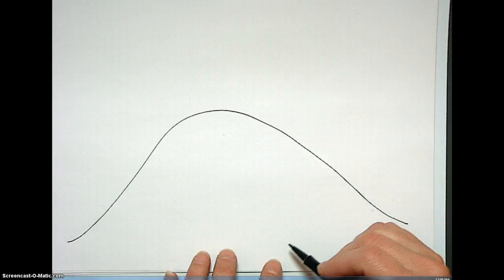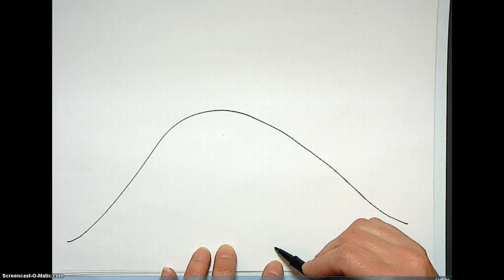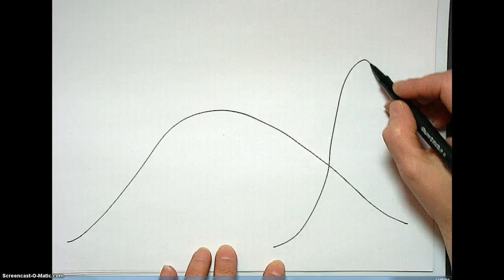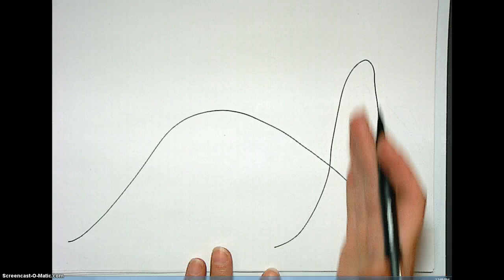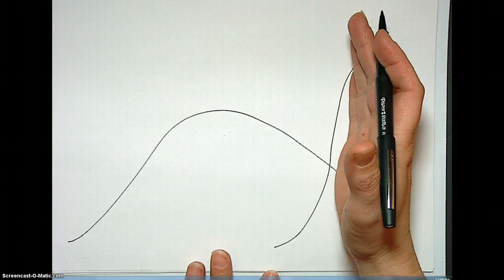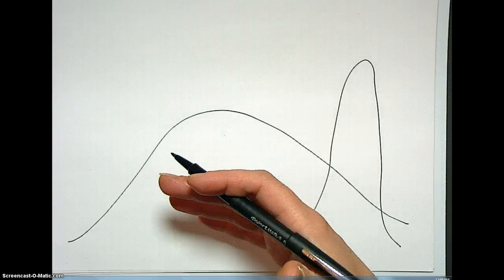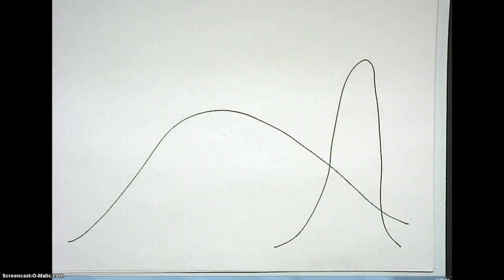And then if I draw one that's right here, what population of men that we know in this area could this possibly be? Basketball players. Basketball players, yes, because we're talking about height, and so the average basketball player is definitely taller than the average man.